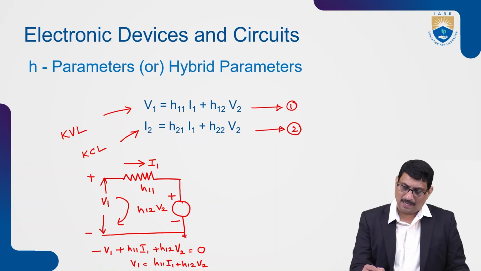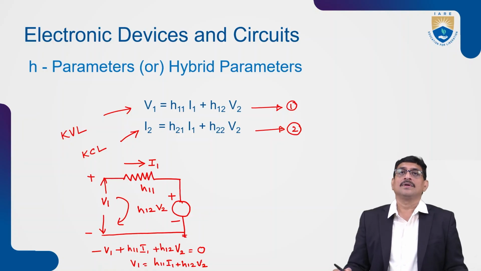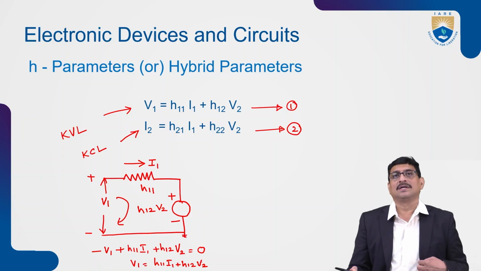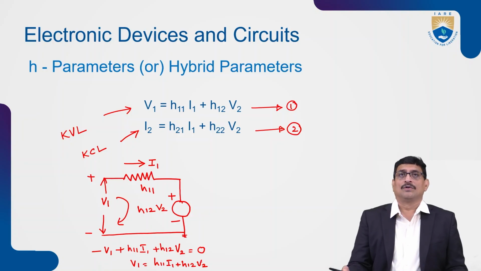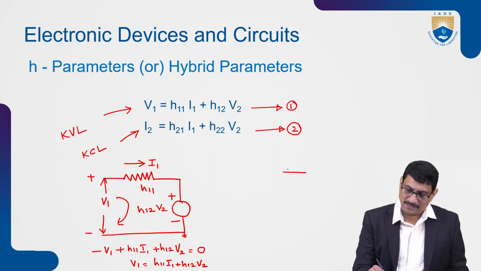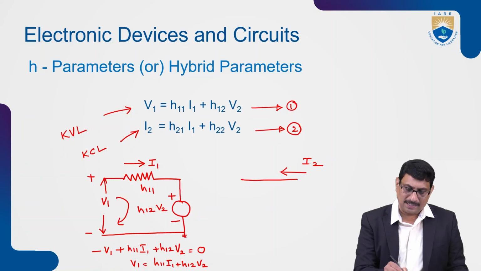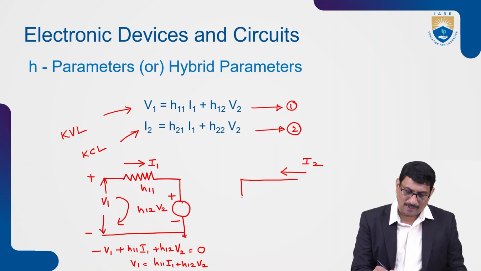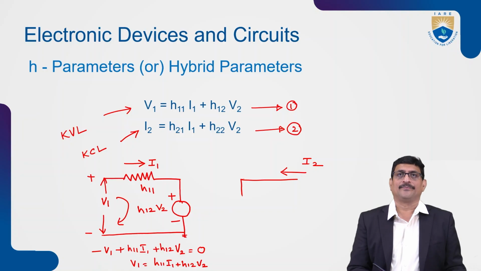In a similar way, I will apply KCL for equation 2, where I2 equal to... KCL is nothing but what? At any particular node, whatever currents are entering equal the currents leaving. So let us assume that this is a current I2 entering here, and there is a summation of two components, which indicates that there are two branches here. One I will take as H21 I1.